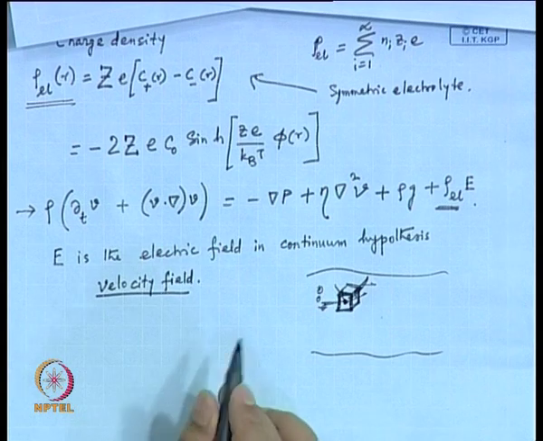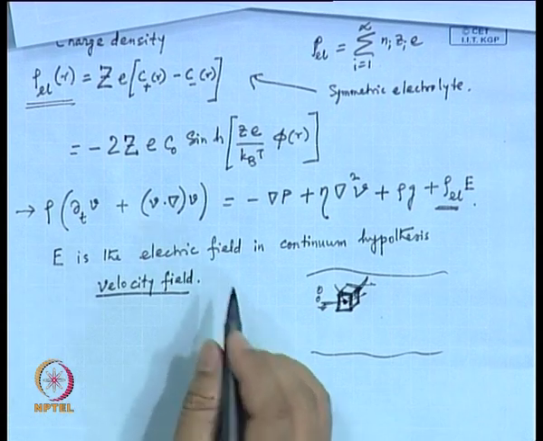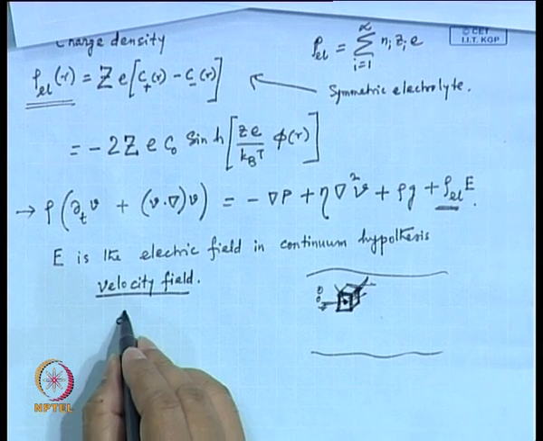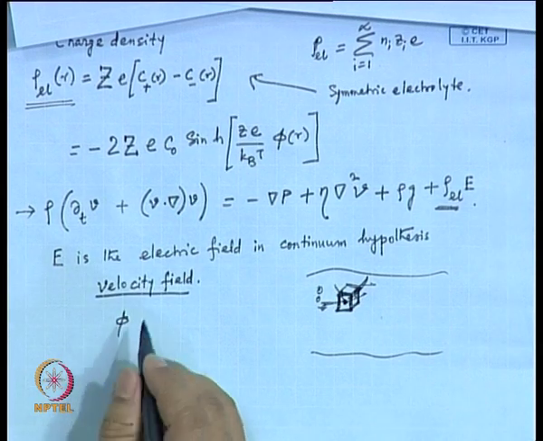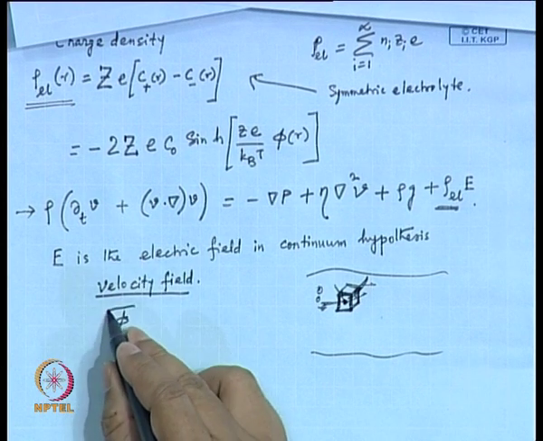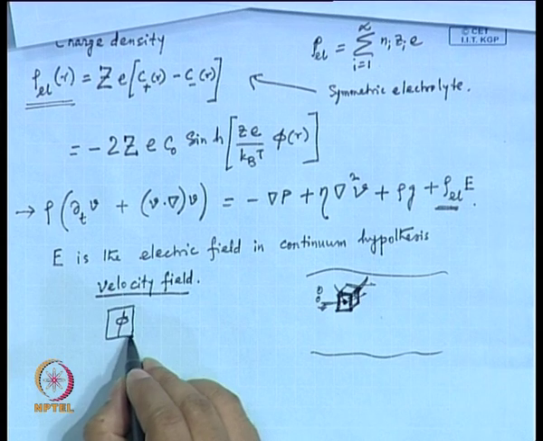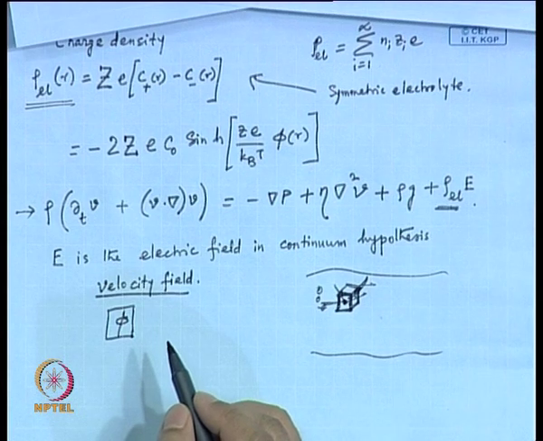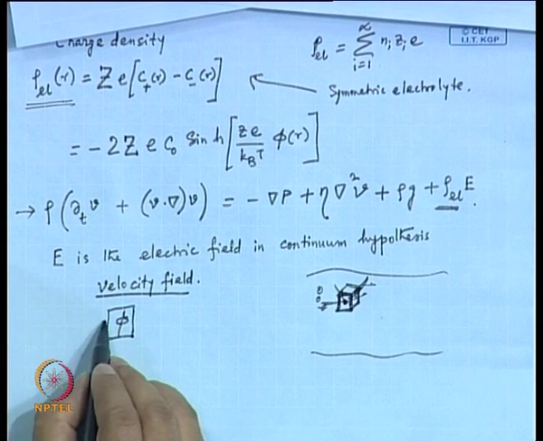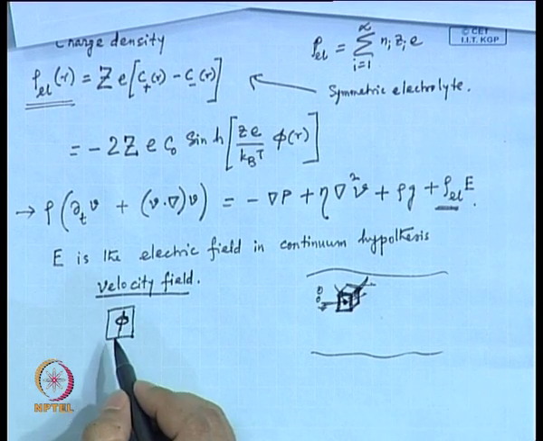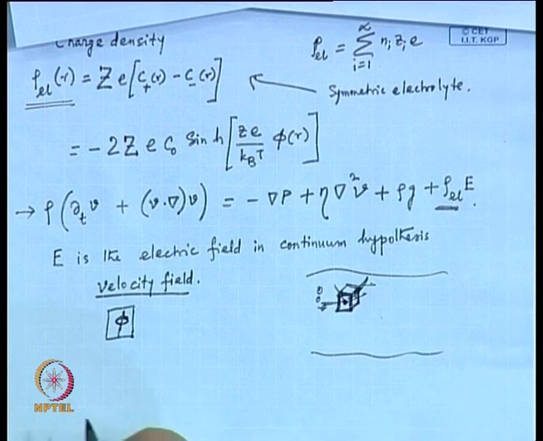Now, I am sure you remember there is a term called velocity potential, which is referred to as phi, and you already know that this potential is complementary to something called a stream function, which you must have studied in fluid mechanics. There exists a potential function called phi, which is complementary to the stream function, referred to as psi.